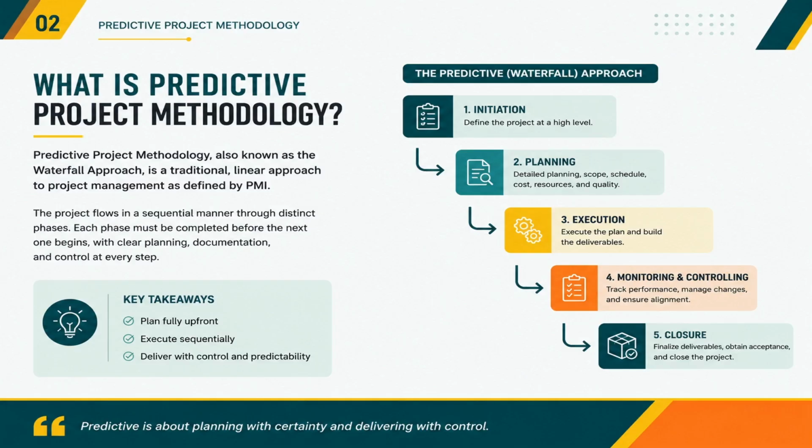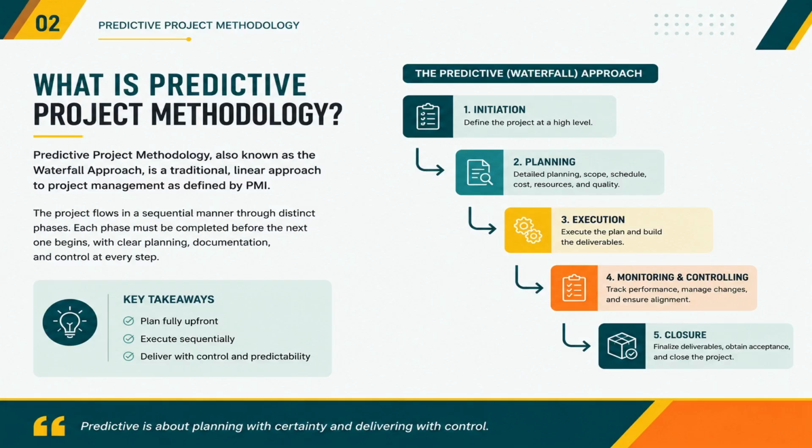So the focus here is on detailed planning upfront. The team spends a significant amount of time defining the scope, schedule, budget, risk, and deliverables before execution starts. This approach works best when requirements are stable, technology is understood, and the outcome is predictable.